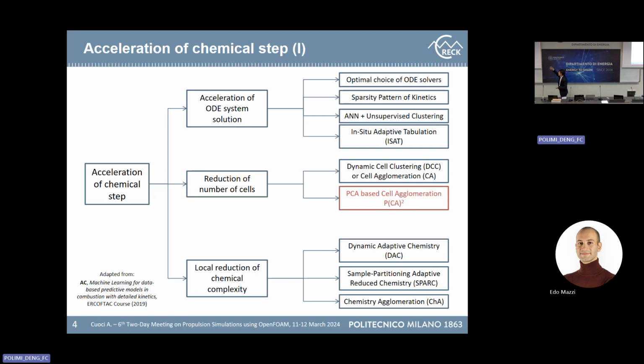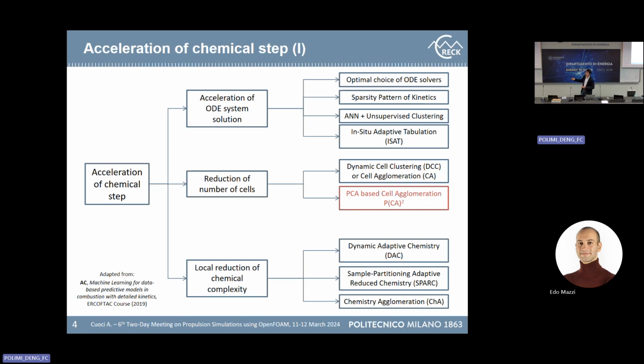We have different options in principle. We can work directly on the acceleration of the ODE solver that we use for integrating the chemical equations, by using specific techniques, by trying to exploit as much as possible the sparsity pattern of kinetic mechanisms, or replacing the integrator with artificial neural networks or similar tools. But we have also other options.